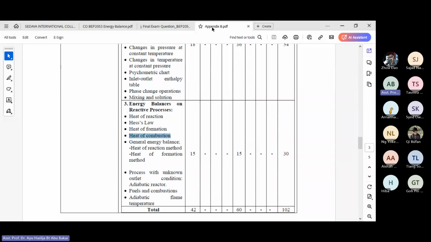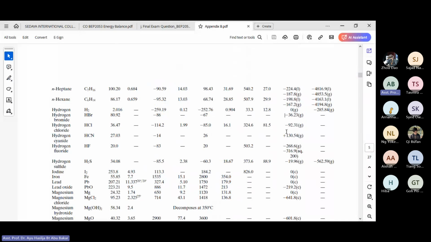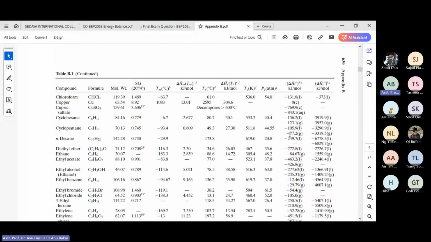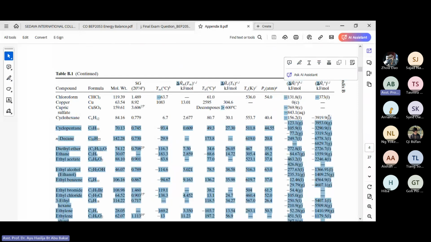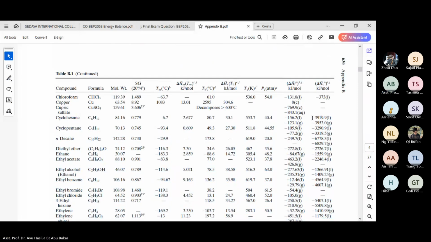In Appendix B1, there's HC, which means heat of combustion. When this particular substance or compound undergoes combustion, it will produce this amount of heat, for the combustion process only.